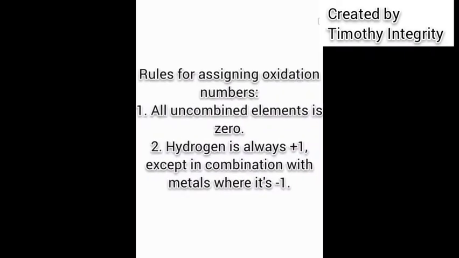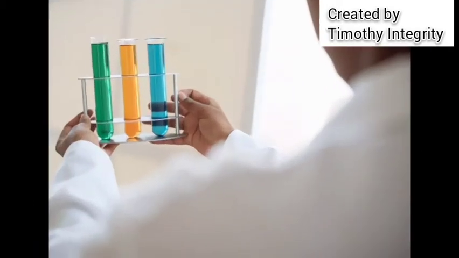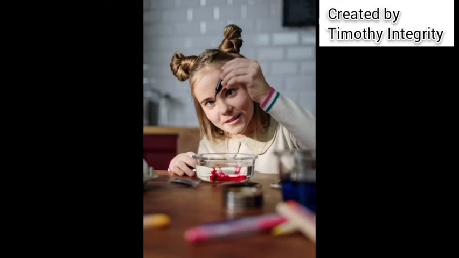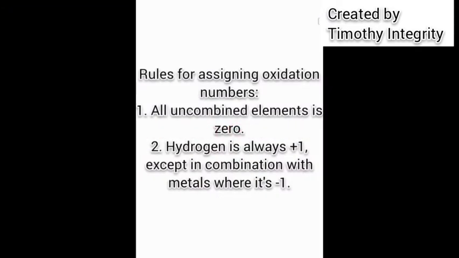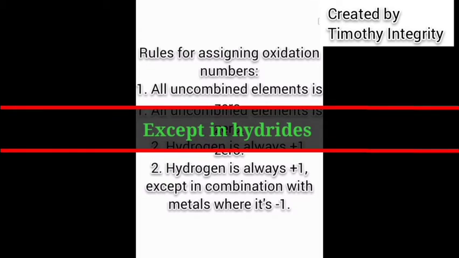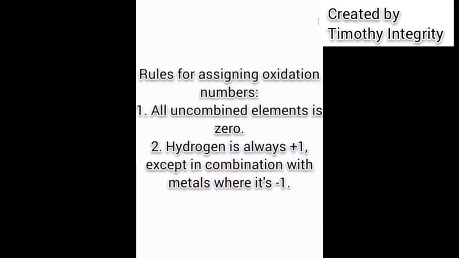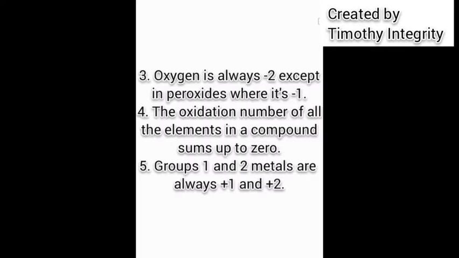Oxygen molecule, hydrogen molecule, each of them has oxidation state of 0. The second rule is that in compounds containing hydrogen, the oxidation number of hydrogen is always +1, except when it is in combination with metals, then it is -1. For instance, calcium hydride, hydrogen there has oxidation state of -1.